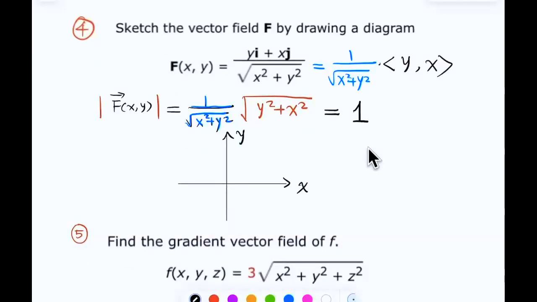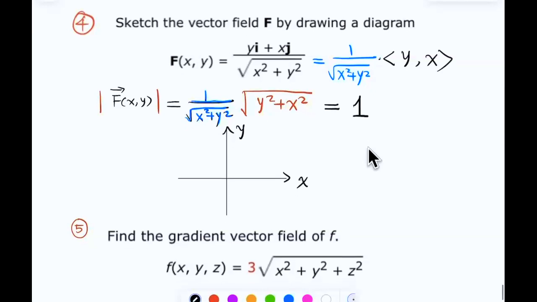Let's try to practice some more. Maybe we can go along the x-axis. Along the x-axis, we'll have y equal to 0.